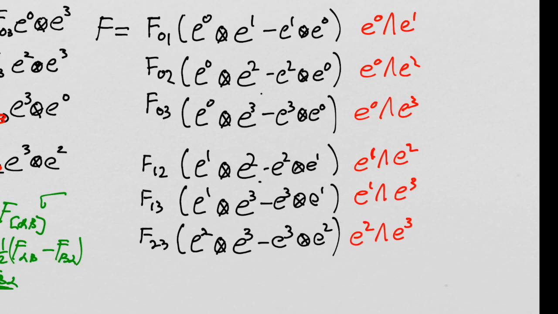And now I will write down this antisymmetric tensor in this new basis in the following way. I'll write F alpha beta E alpha wedge E beta.